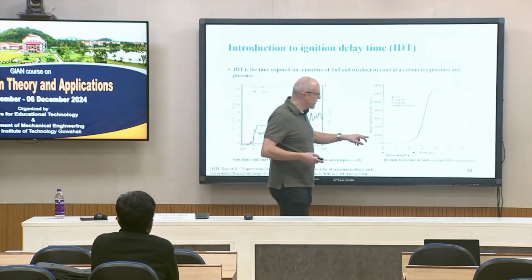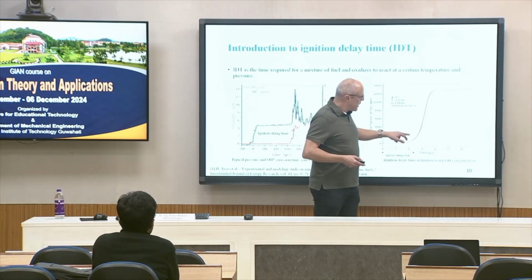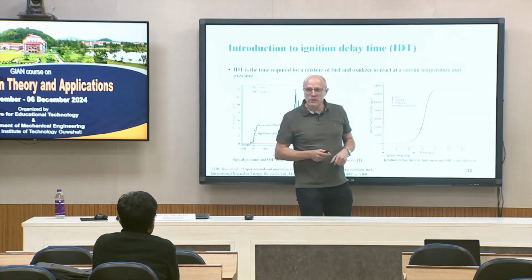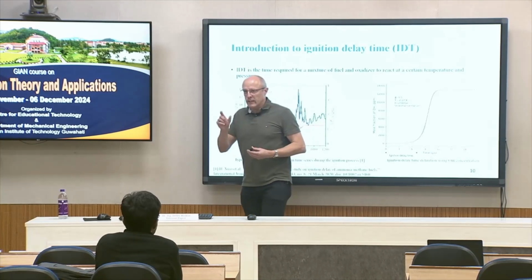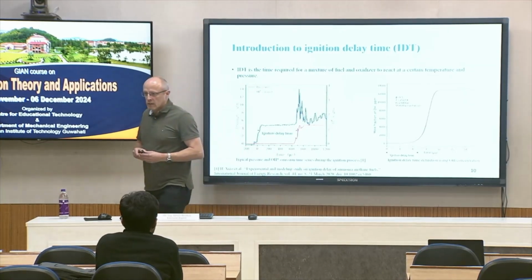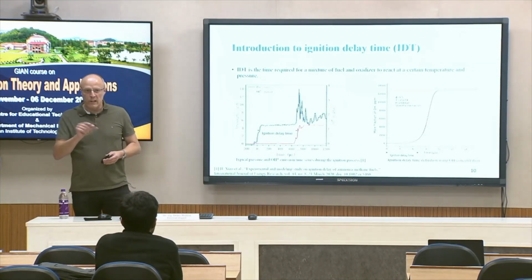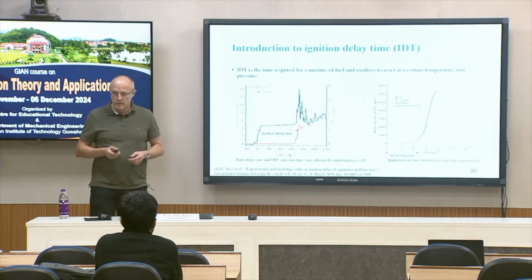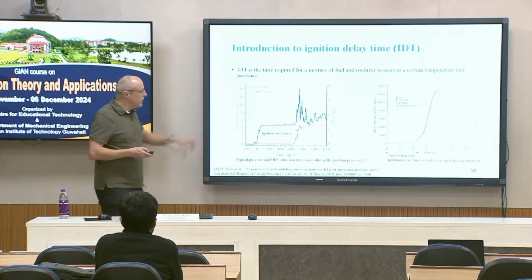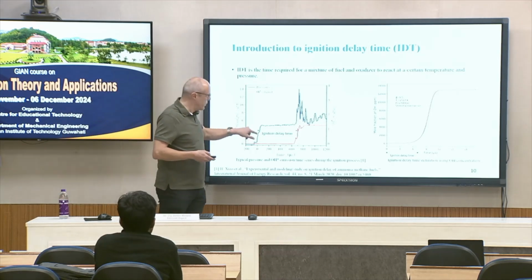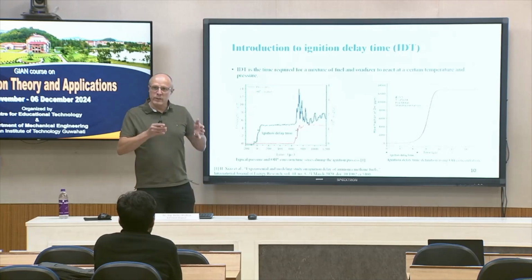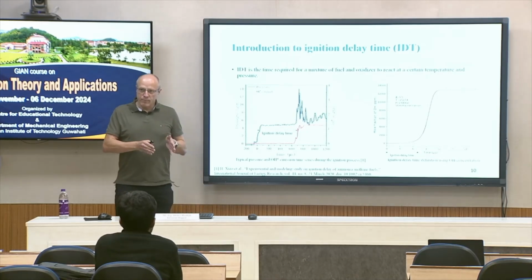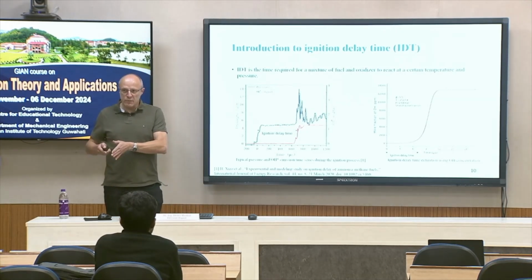We will see it later. There are also some papers where they use the maximum. When the maximum concentration is reached, that's my ignition delay time. It's always important to use the same definition to compare your results. But again, ignition delay time is defined as the time between the start of the reaction and finally when ignition takes place.